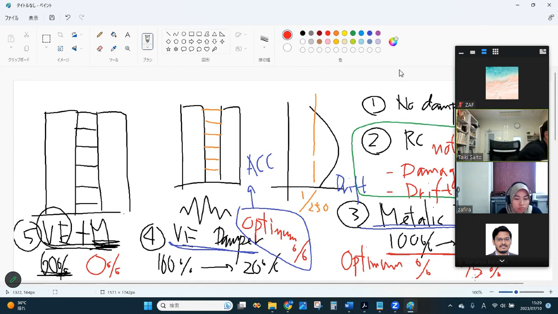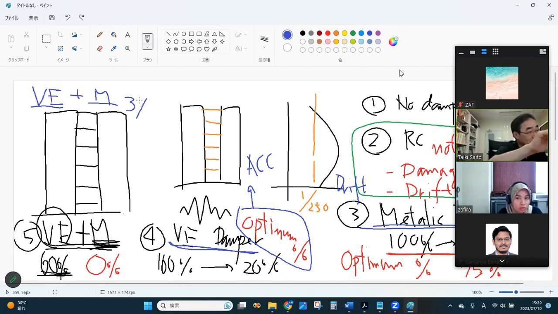So I hope you can find viscoelastic plus metallic is not 75%. If you combine viscoelastic, maybe only 30%.